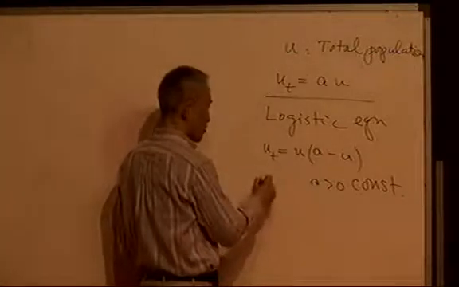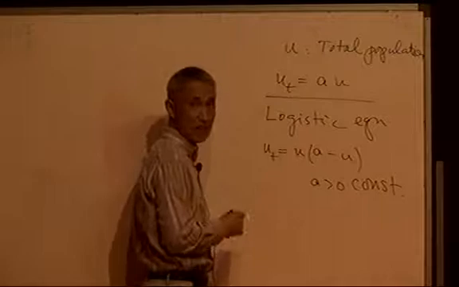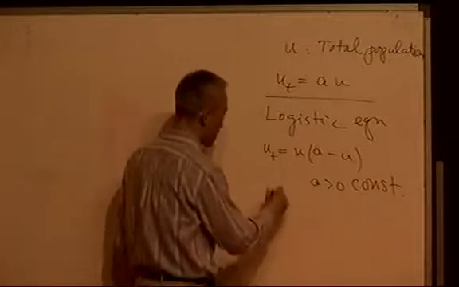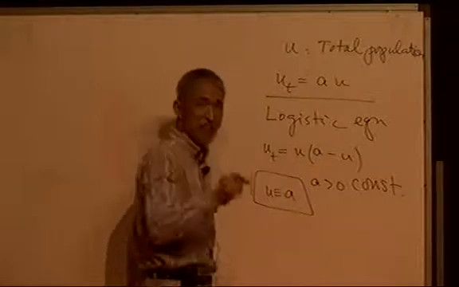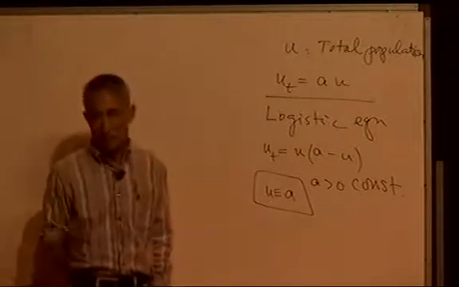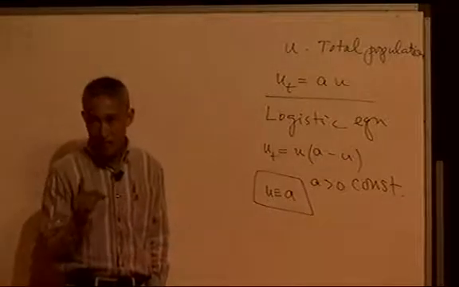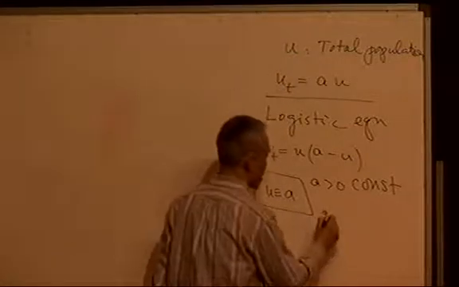So the solution U goes to A. In other words, U identically A is a steady state, and the steady state is globally asymptotically stable. Not just locally stable, but globally asymptotically stable.